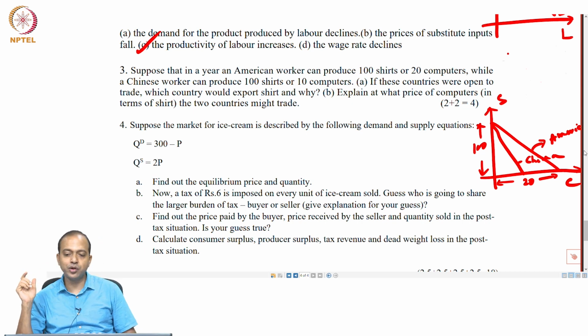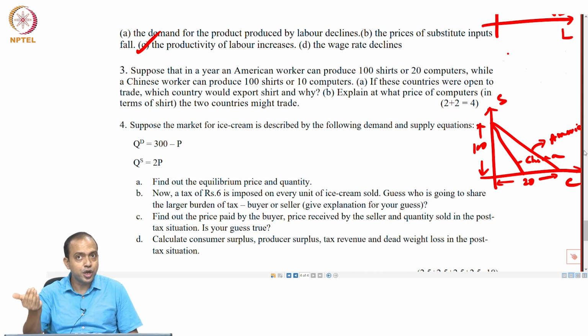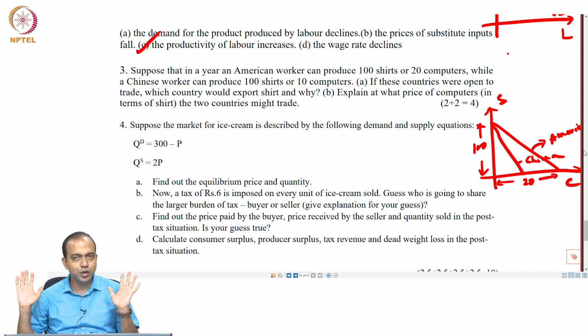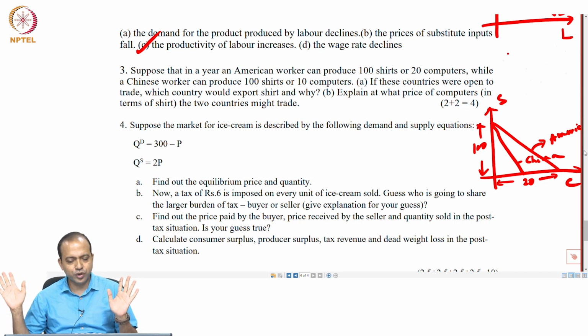Based on the theory that we have learned earlier, that country will export cert in which cert is produced with lower opportunity cost. So, opportunity cost of cert in terms of computer should be lower in that country for that country to export cert. That is very simple, because opportunity cost is basically the price, and if price is lower, you are having a comparative advantage.